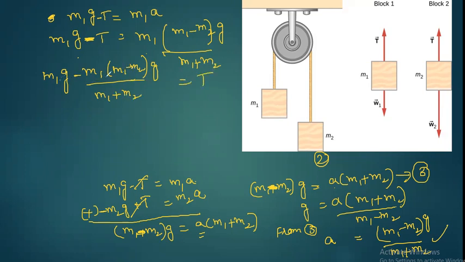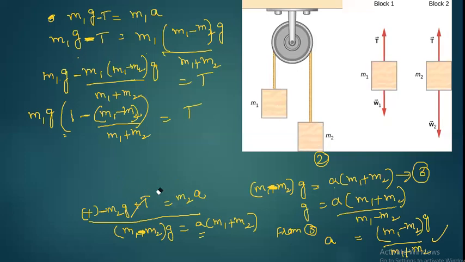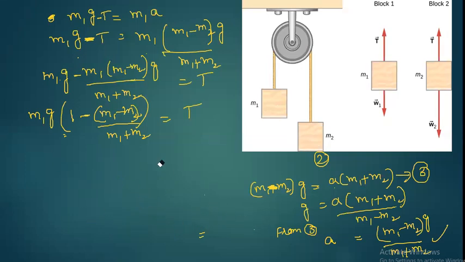So now you observe M1G is common in these two. Now what is left here? M1G minus M1G gone. So M1 minus M2 divided by M1 plus M2, which is equal to T. Okay? Let me erase this. Let us do now. What are we getting?